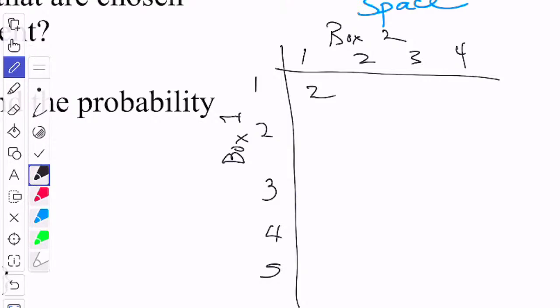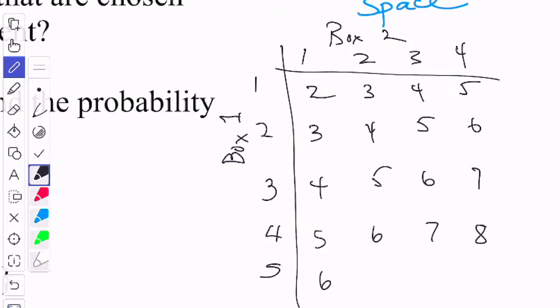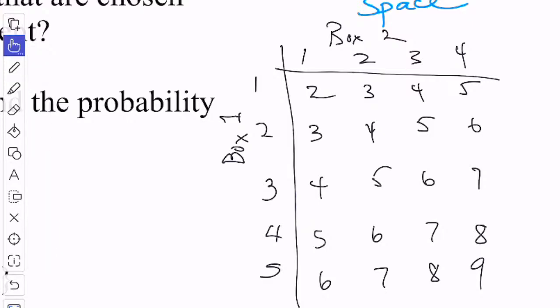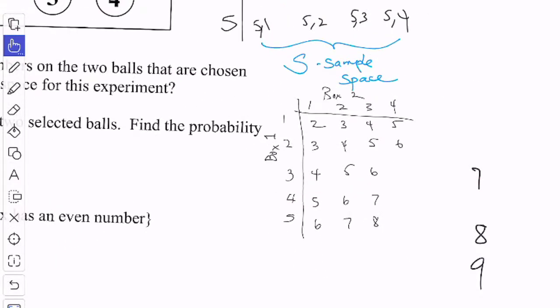So this is 2, 3, 4, 5, 3, 4, 5, 6, 4, 5, 6, 7, 5, 6, 7, 8, 6, 7, 8, 9. Again, a matrix, but different elements.